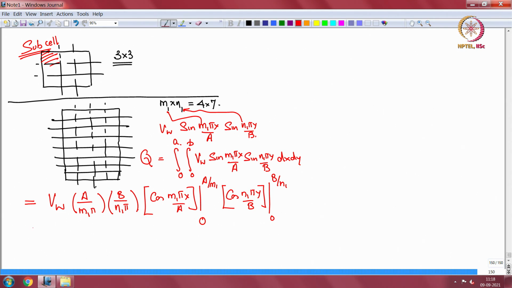So this gives me VW 4AB by M1 N1 pi square. This is the volume velocity from a single cell, single phase cell.